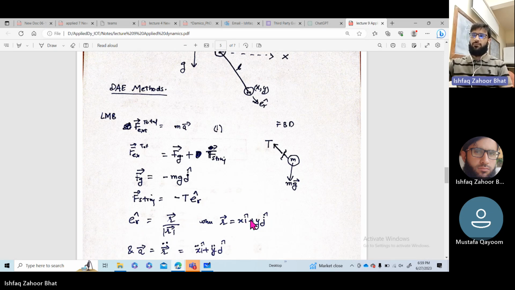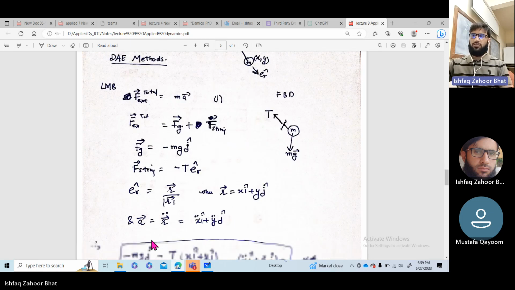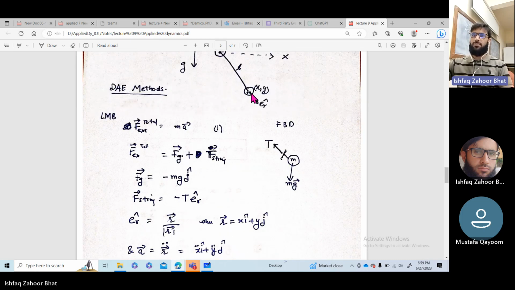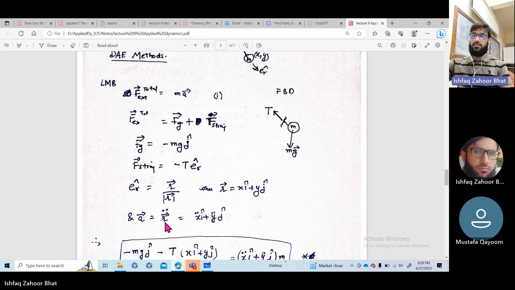These are the x component of position and y component of position. And then acceleration is nothing but R double dot. This is the acceleration of this mass m, because R is its position. If we double differentiate the position with respect to time, we get R double dot, and that is the acceleration. And that is nothing but x double dot.